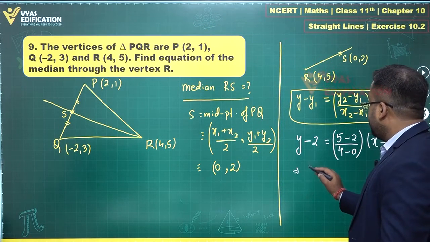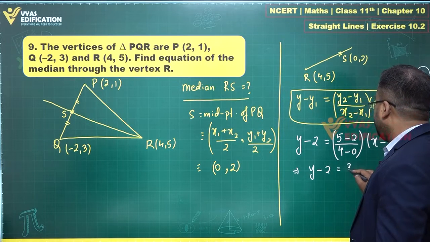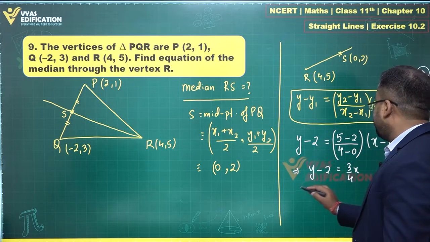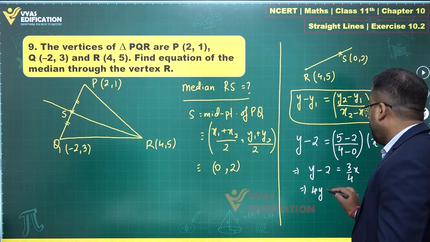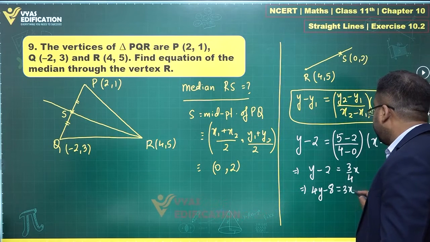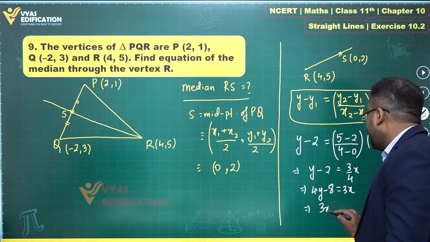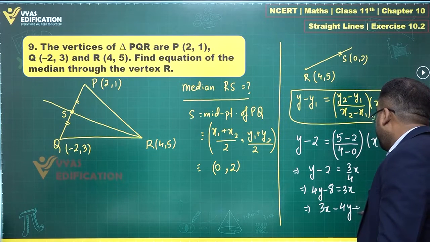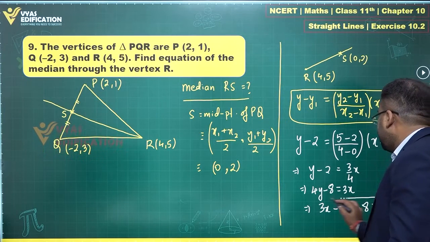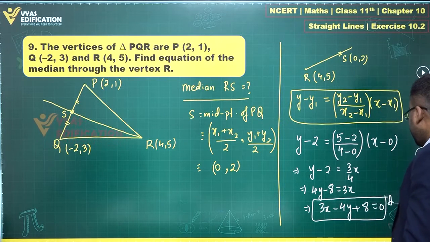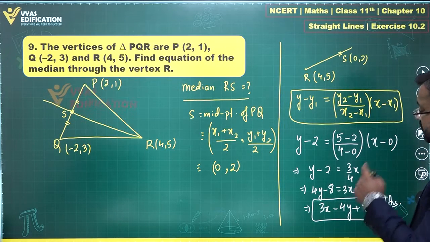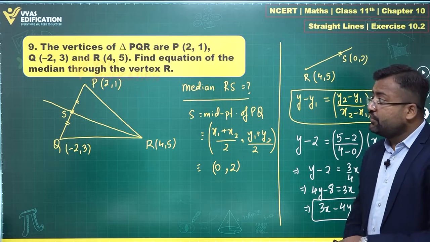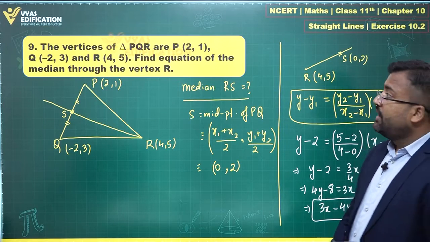So this becomes y minus 2 equal to 3 upon 4 times x, or 4y minus 8 equal to 3x, which tells me 3x minus 4y plus 8 equals 0 is the required equation of RS. That's the final answer for this question, as you can see behind me.